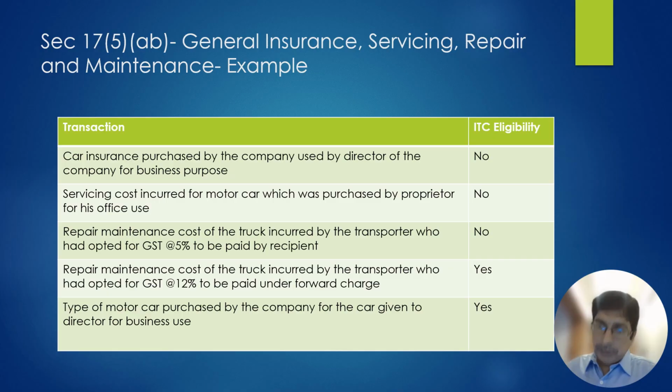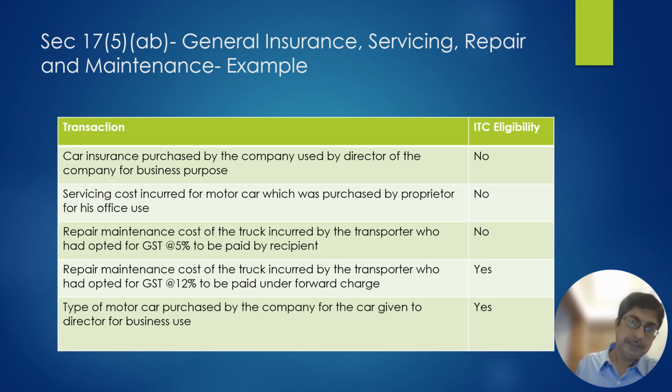However, if the GTA service provider opts for payment of GST at the rate of 12% under forward charge, the GST credit, see the second last example, is available on purchase of the truck or that motor vehicle, and therefore the GST credit on expenses of general insurance, servicing, repair, maintenance is also available. The last example is very interesting.